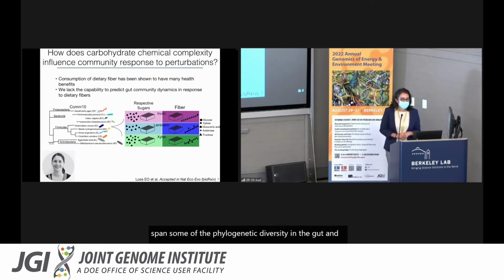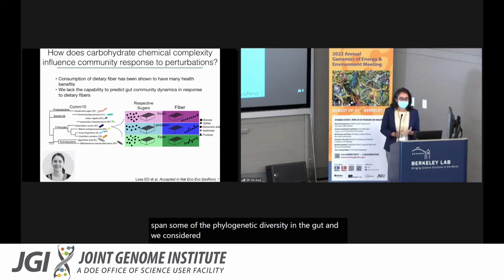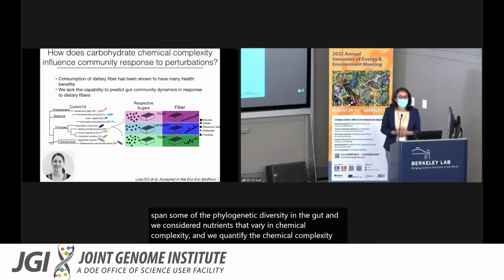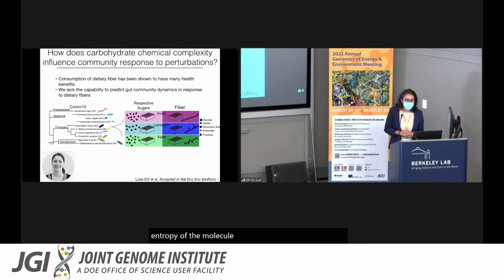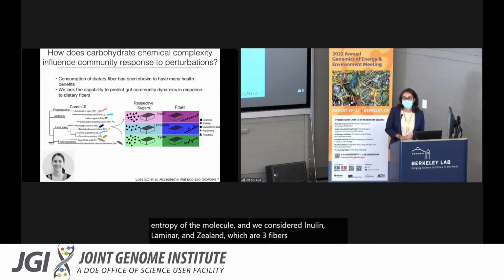And we considered nutrients that vary in chemical complexity, and we quantified the chemical complexity similar to looking at the entropy of the molecule. And we considered inulin, laminarin, and xylan, which are three fibers that are present in the human diet.